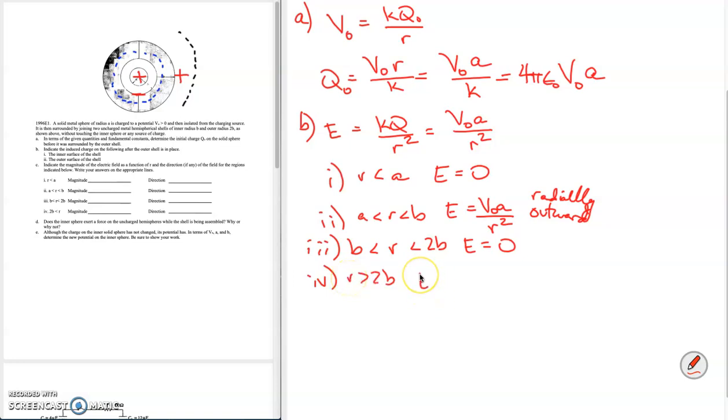The electric field, again, is going to be kq over r squared. In this case, v naught a over r squared again. And again, it will be radially outward. Naturally, if the electric field is 0, there is no direction.